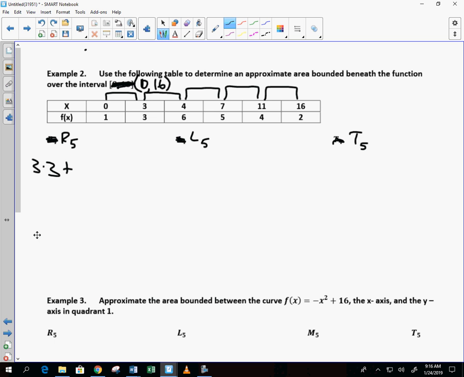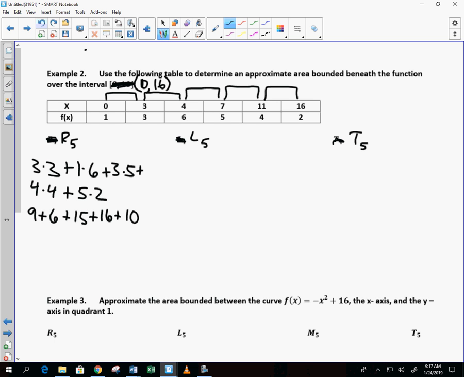Plus, what's the width of the second rectangle? 1 times plus 3 times 5 plus 4 times 4 plus 5 times 2. So I get 9 plus 6 plus 15 plus 16 plus 10.